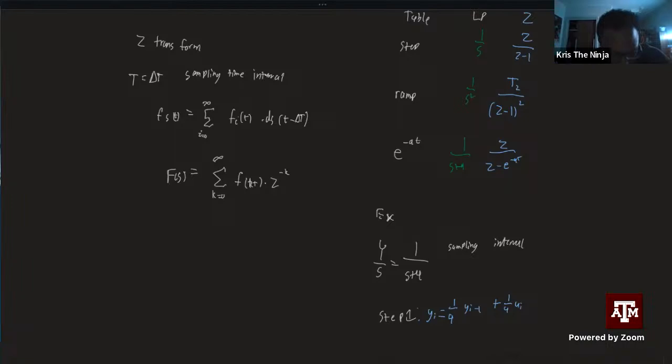Step two, you find the z transform. So you break this into components: 1 over 4 y_(i-1) times z plus 1 over 4 u_i, that's times z as well.